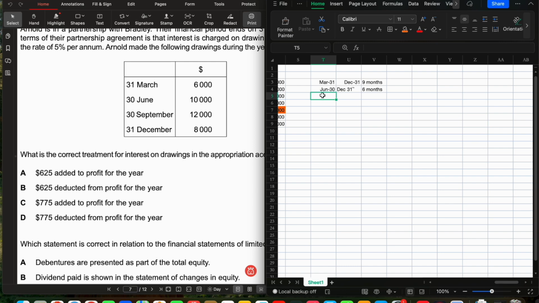And then from 30th September to 31st December is 3 months. And the last one is 31st December to 31st December, which is 0 months.